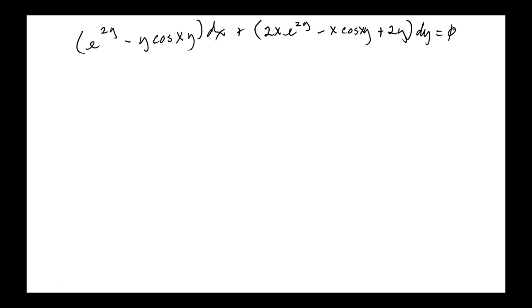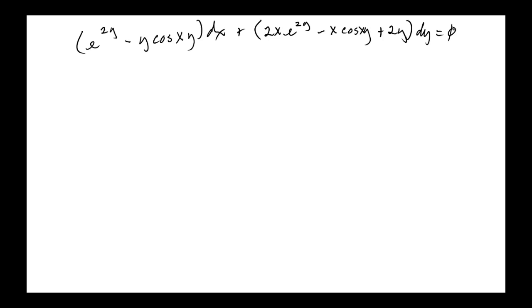Anyone want to guess whether it might be separable or not? How could you figure that? You've got a cosine xy in there. That e to the 2y part would be separable, but then an x cosine xy and a y cosine xy, I don't think so.